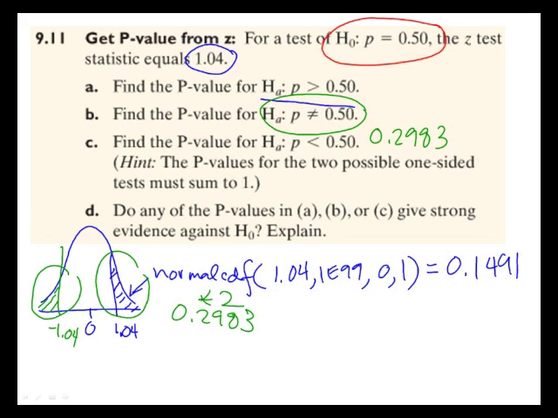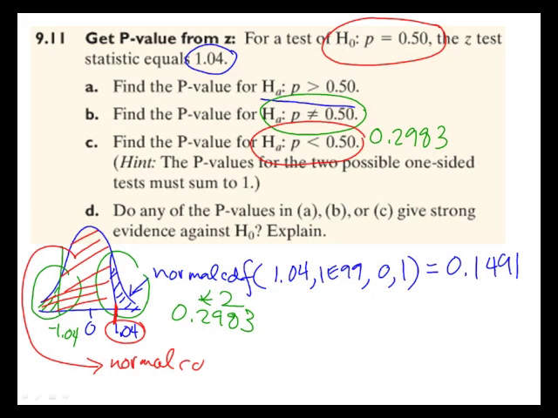Okay. Right. So the next is p less than 1/2. What do we shade then? Everything to the left of positive 1.04. Because this is still our test statistic, we shade everything to the left of the test statistic. And then if we were to do normal CDF here, our lower limit is negative 1.899, and then 1.04.